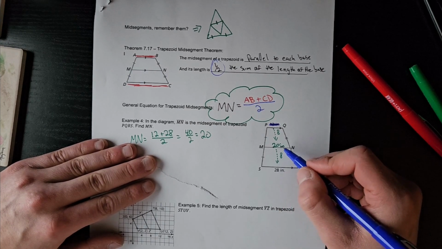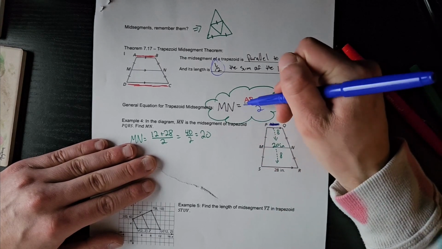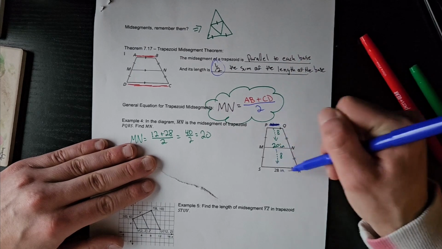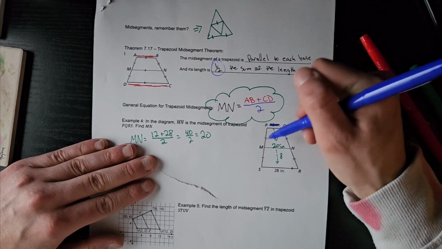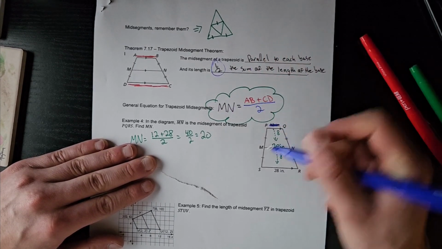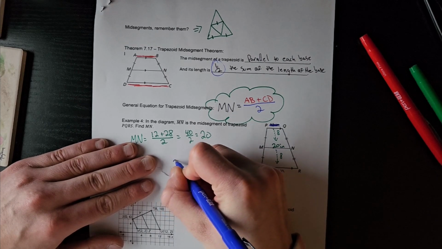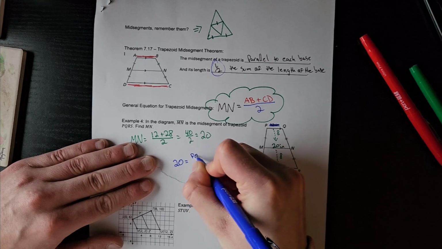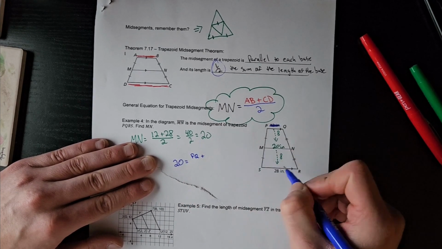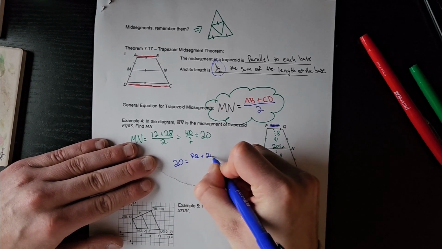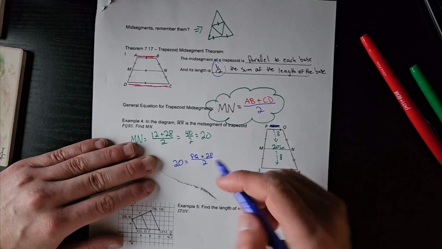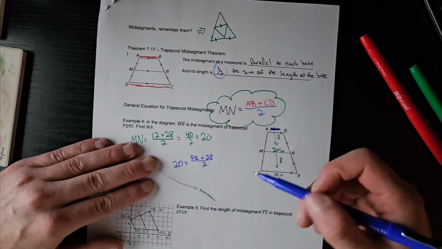What am I going to do with this? I'm going to plug in what I know to my base formula. PQ in this case is going to be AB, SR is going to be CD, and MN is going to be MN. So I have 20 is equal to PQ plus 28 over 2. And what I'm going to do is try to get PQ by itself.